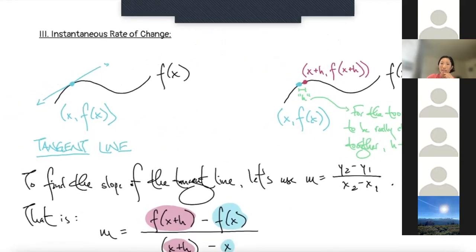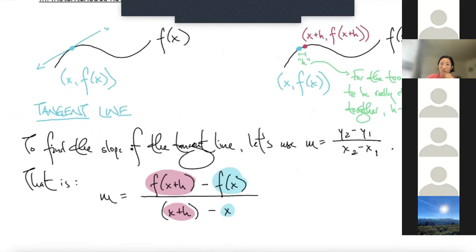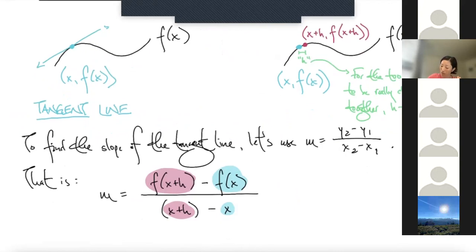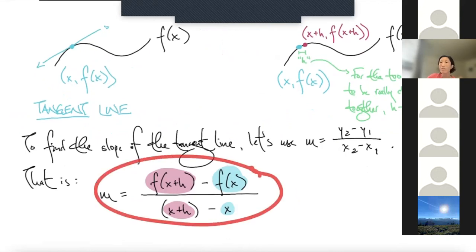And the whole idea of H approaching 0 is exactly what we're going to use to say, turns out we don't even need to know what that second point is because we can just use limits to help us find the fact that they're really close together.